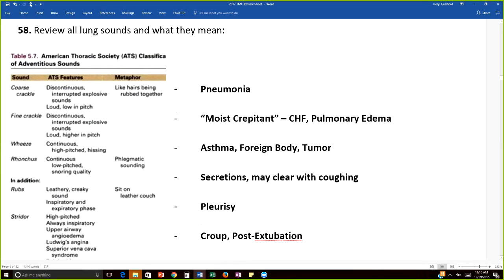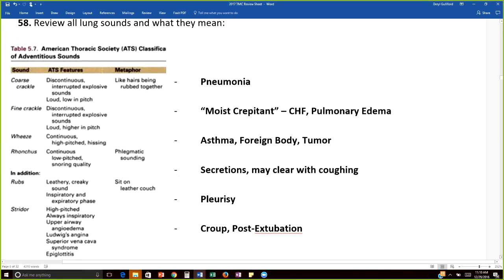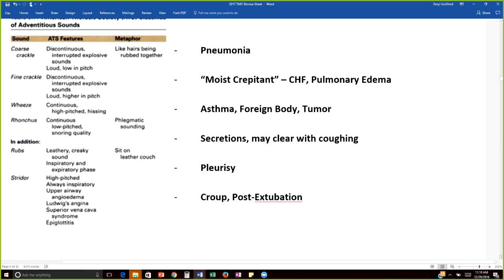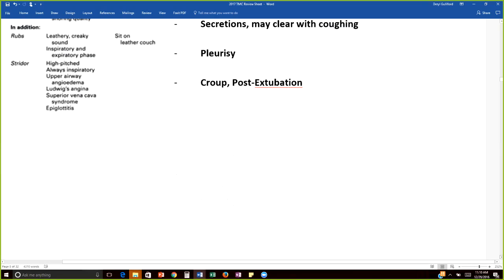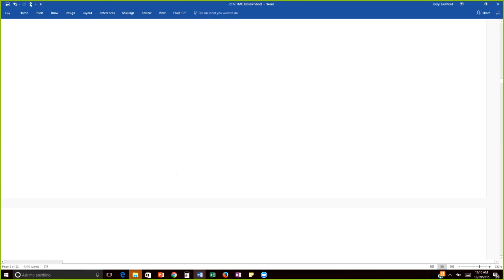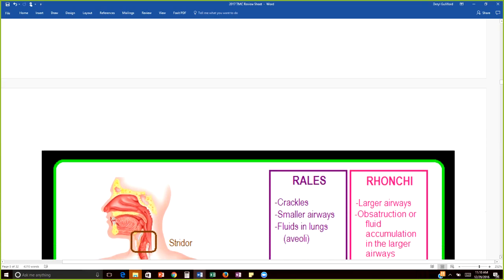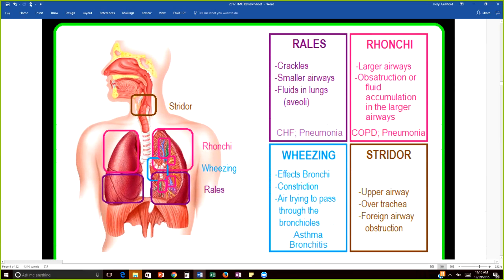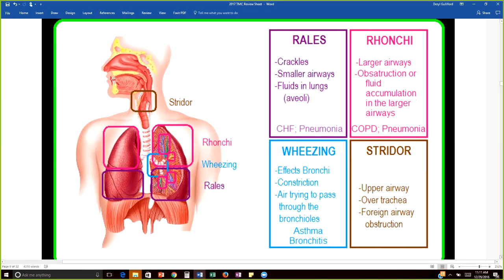Rhonchi, secretions that may clear with coughing. Rubs, pleurisy would be a classic example. And stridor, croup, or post-extubation. Moving ahead. Here is just more detail on the various airway sounds. The crackles, which can be called rales. The rhonchi, the wheezes, the stridor. Just review that whole section right there.